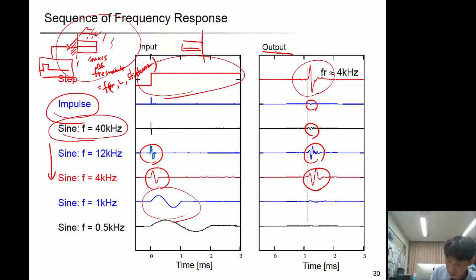Here it's really sharp, but the received signal is much wider, right? It has a low frequency component. Even though you apply the 4 kHz frequency, the received signal can have a frequency range less than 4 kHz, right? So the waves are dispersive in wave propagation.